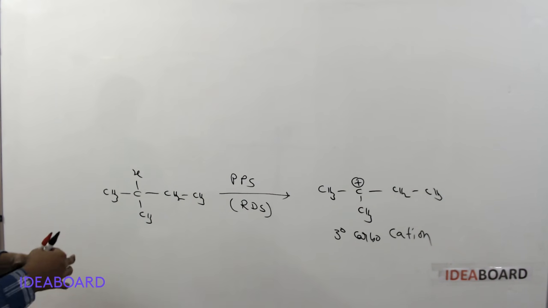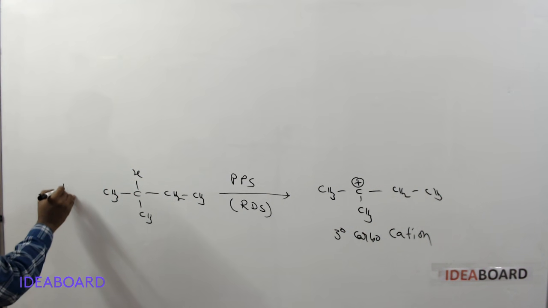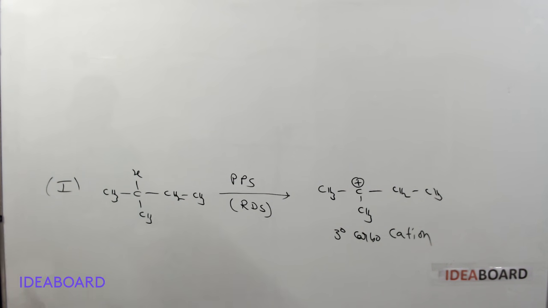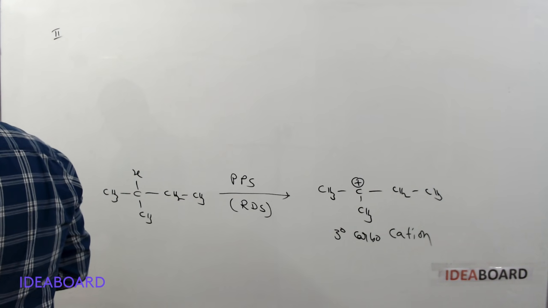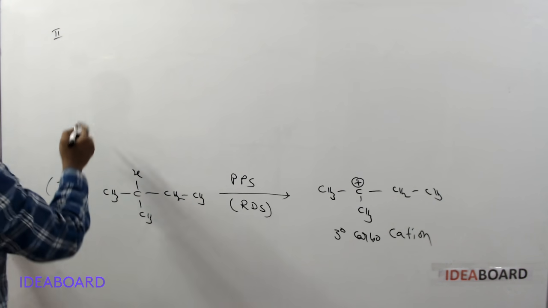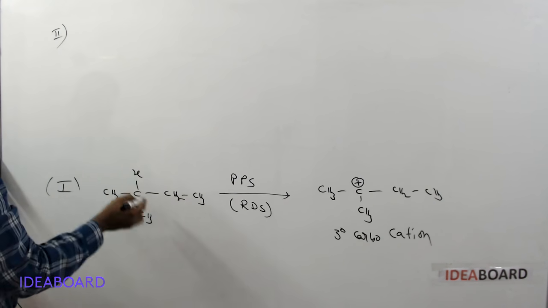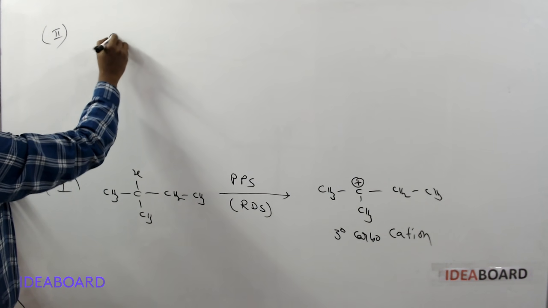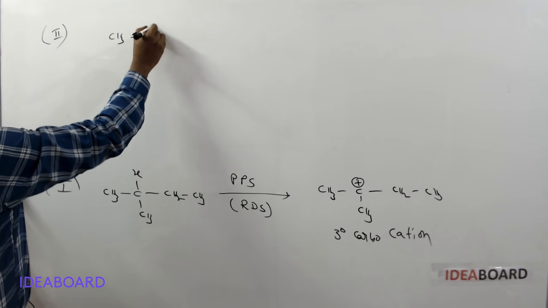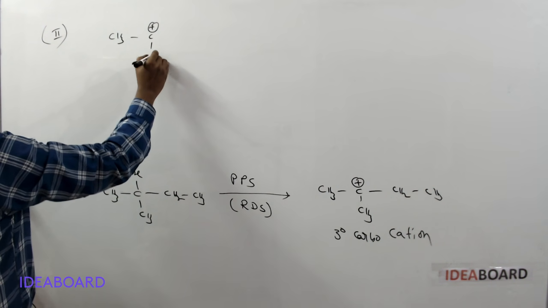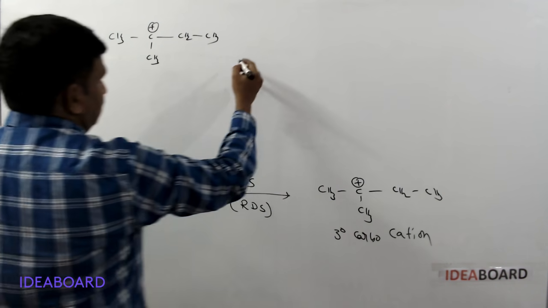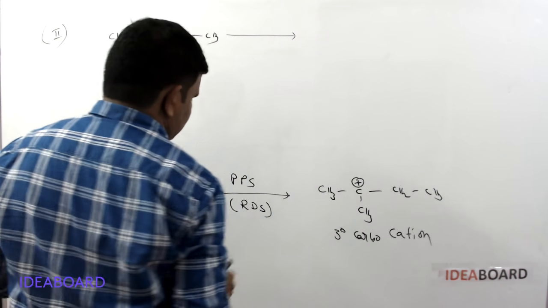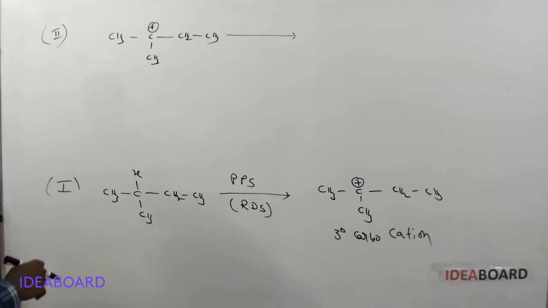This is the first step, I wrote step 1. Okay, the second step I am taking here. What is the difference between the first step and second step? Here in the second step, this is CH3, C plus, CH3 and CH2CH3. Now this will undergo the elimination process.